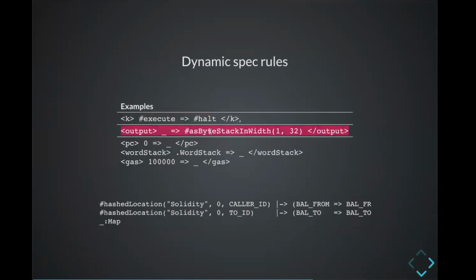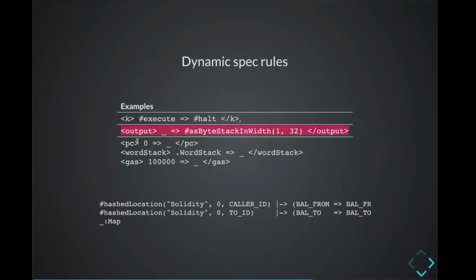This in particular is the output spec for the transfer function in ERC20, the success case. So we don't care what there was before, but we always want to return a value of 1, because that's what some ERC20 functions return in the success case.